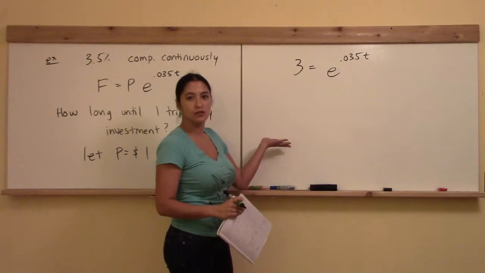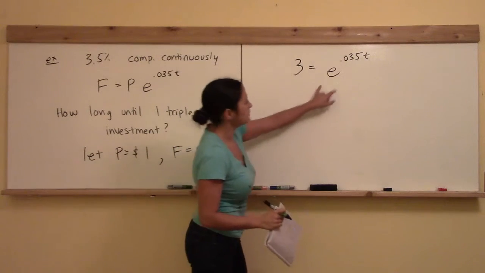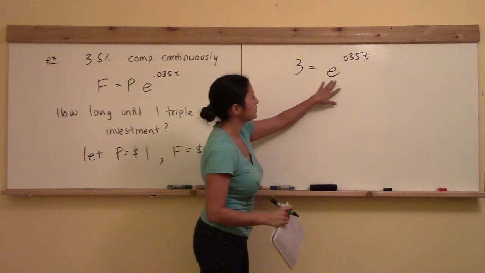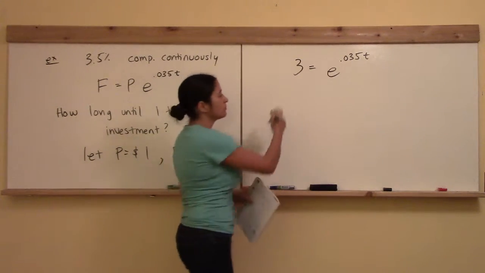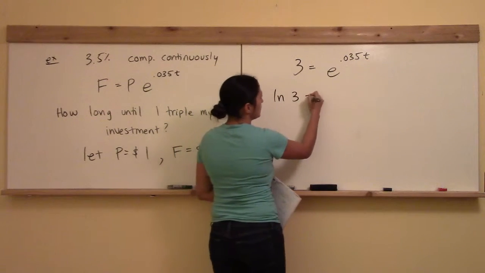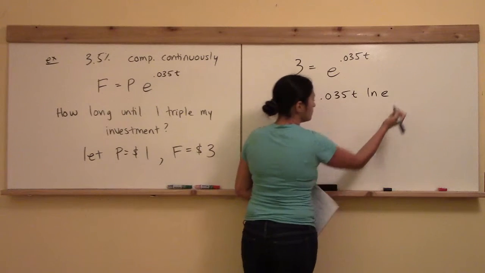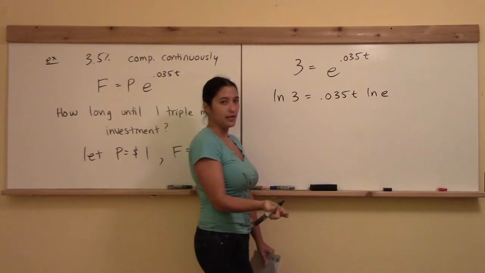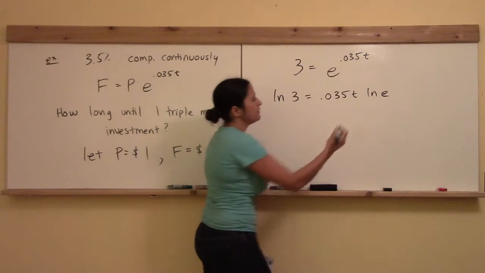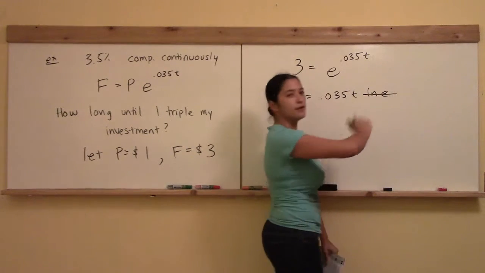So what are we going to do? Make sure that term is isolated, which it is all by itself right here, and then take the natural log of both sides. So then we get the ln of 3 is 0.035t, technically multiplied by the ln of e, but lucky for us this time, that is exactly 1, right?